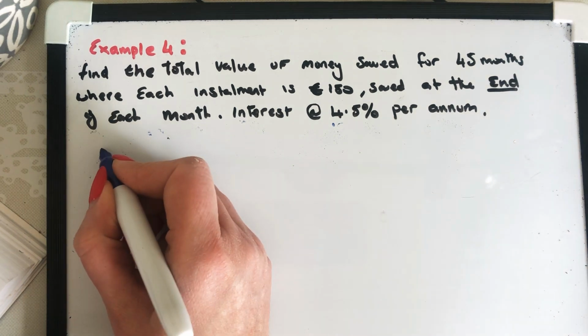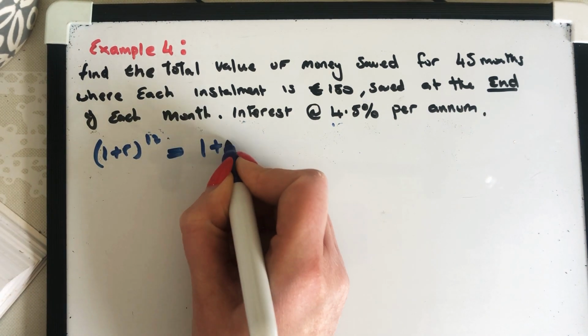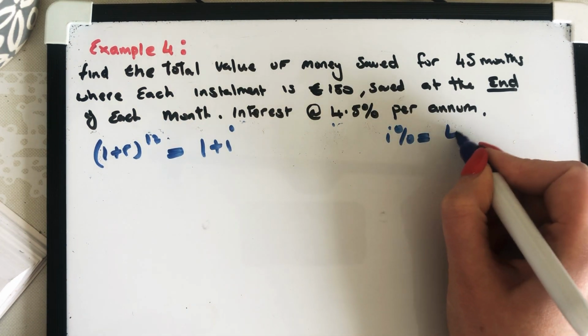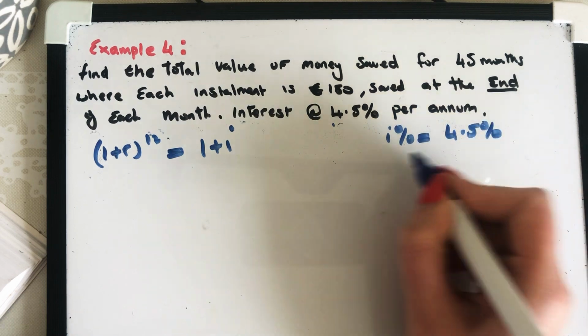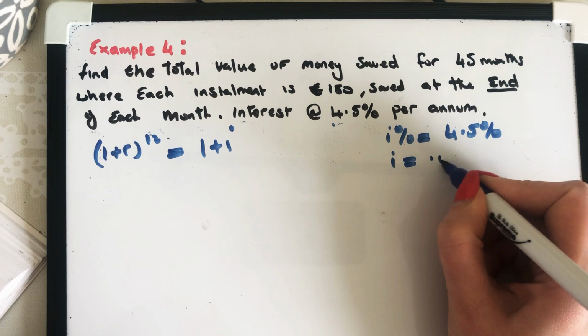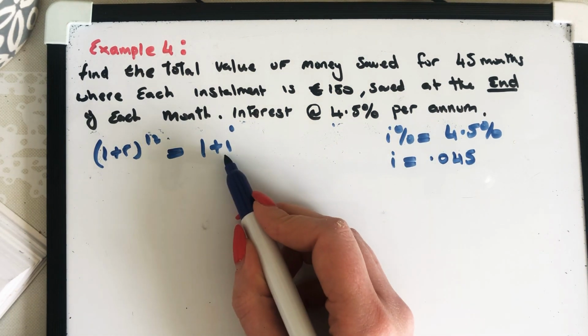We're going to recall the formula. (1 + r)^12 is equal to 1 + i. Well, we can see here that the 4.5% has to be changed into decimals. So divide by 100, so 0.045. So we're going to put that in over here for the i.